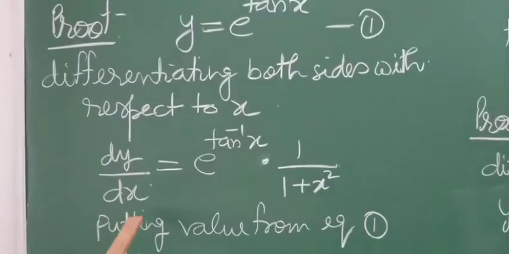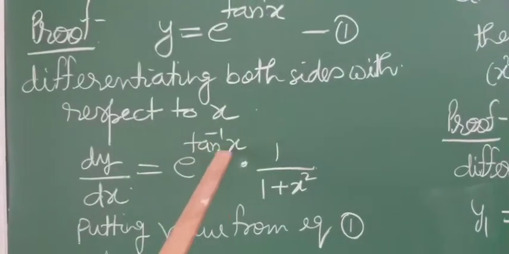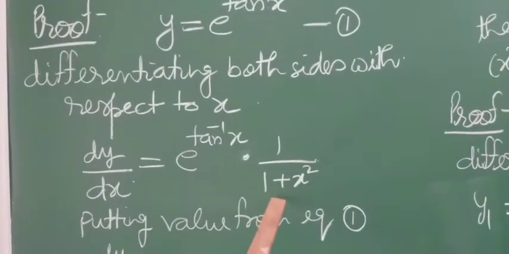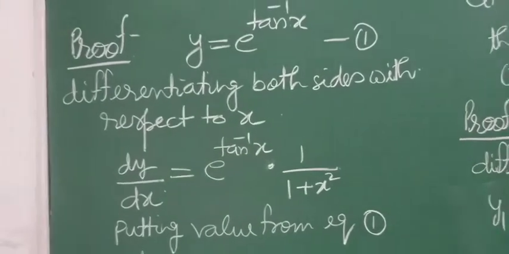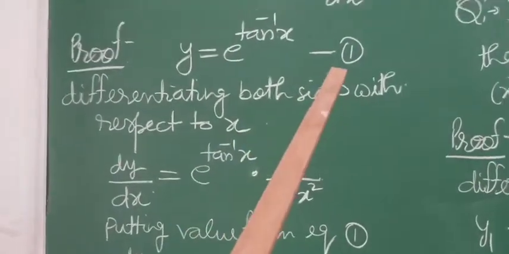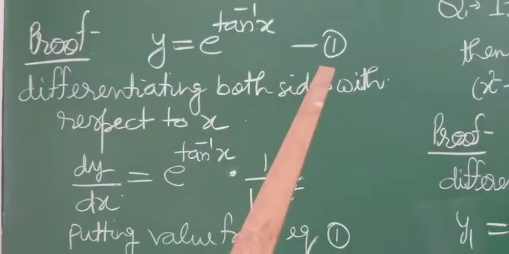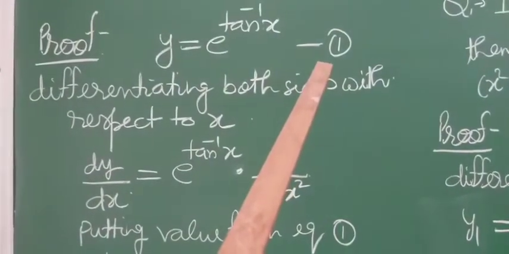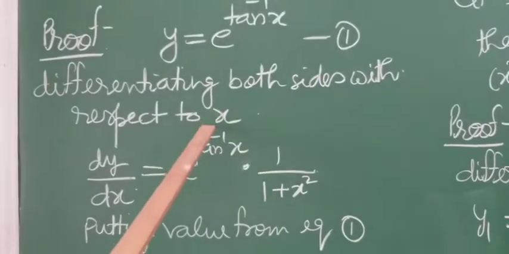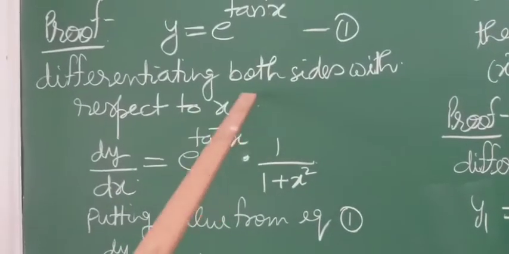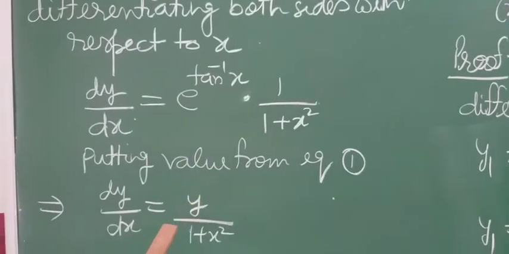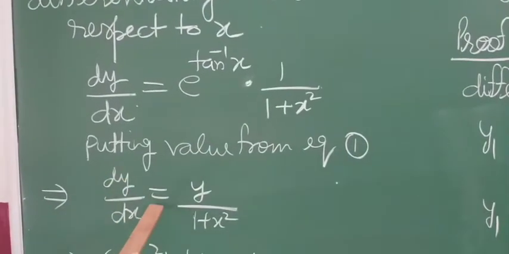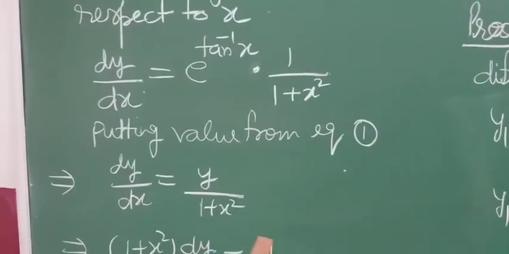So dy by dx equals e to the power tan inverse x into 1 upon 1 plus x square. Now students, we are going to put the value from equation number 1 to make the question easy. So in place of e to the power tan inverse x, we can write y. So it will become dy by dx equals y upon 1 plus x square.